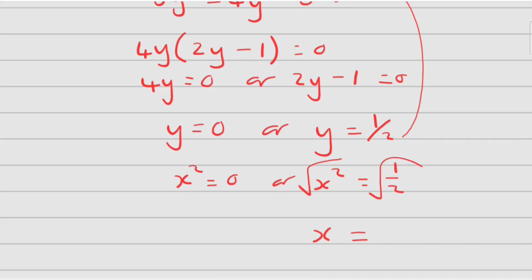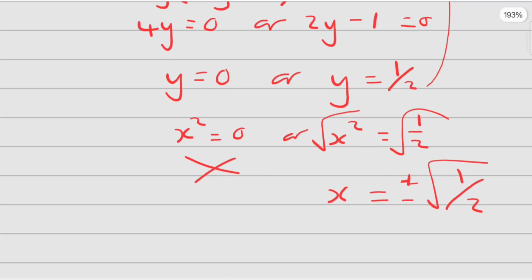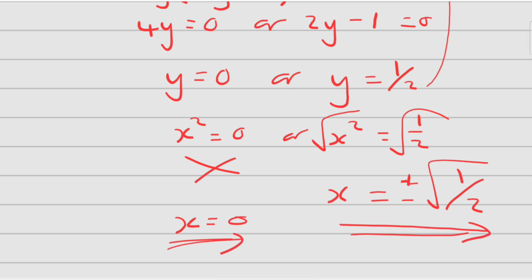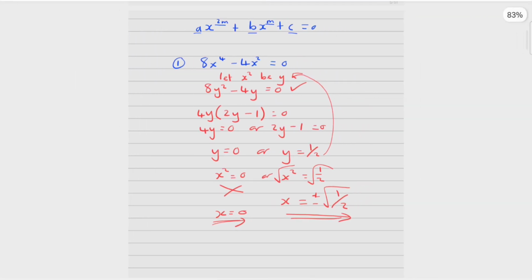So this will be x is equal to plus or minus root of a half. We can't really do anything about this, right? We can just say x equals 0. It's a conclusion, right? So this is a simple way of working through questions like this.